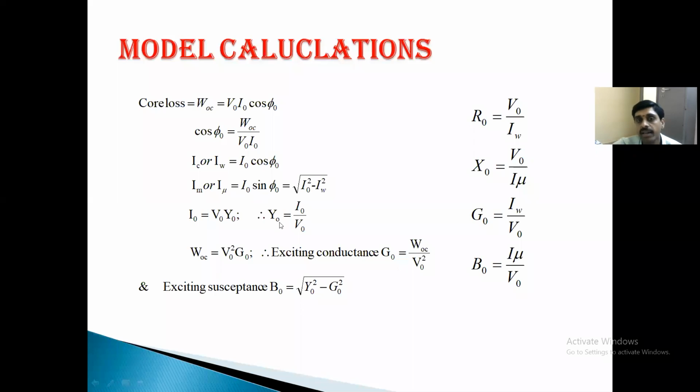Therefrom you can calculate Y0 equal to I0 by V0, and G0 equal to W0 by V0 square. Like this, the magnetizing components R0, X0 of the equivalent circuit can be obtained. So B0 is equal to the square root of Y0 square minus G0 square. This is the way these values can be calculated from the open circuit test.